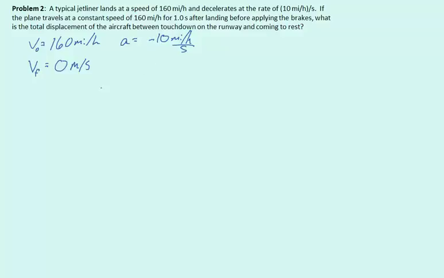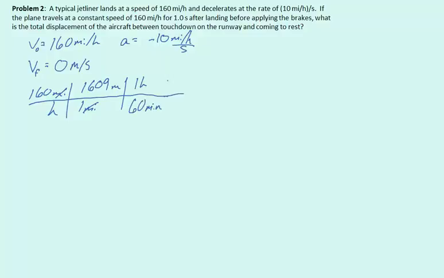So let's convert our miles into meters. We're starting with 160 miles, and to convert it into meters, we know that in 1 mile there are 1,609 meters. And so our miles will cancel out, which will leave us in meters. And now, if we convert hours into seconds, we know that in 1 hour there are 60 minutes, and in 1 minute there are 60 seconds.